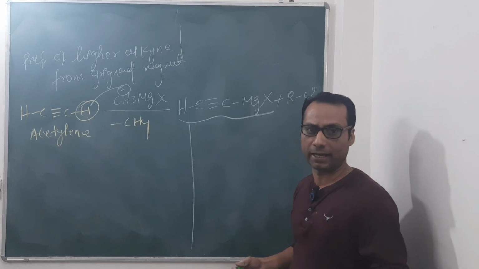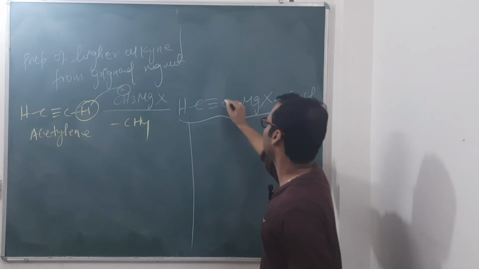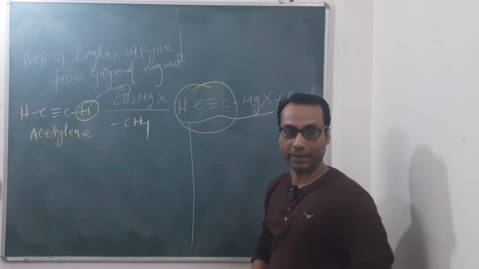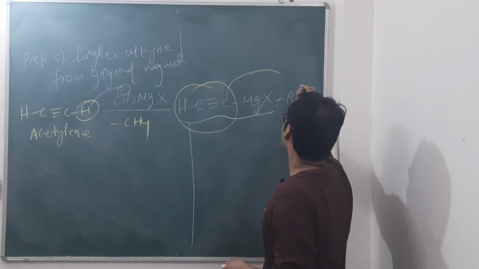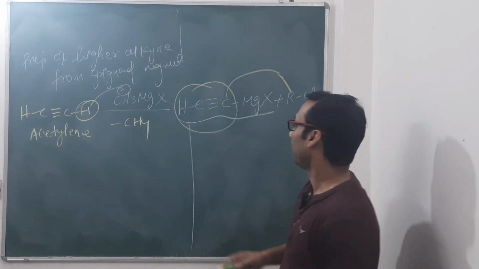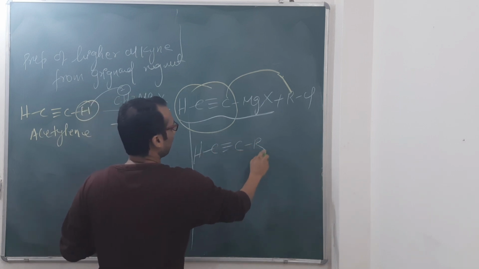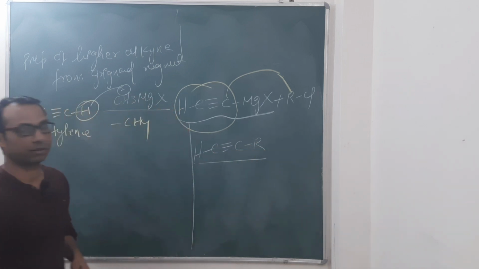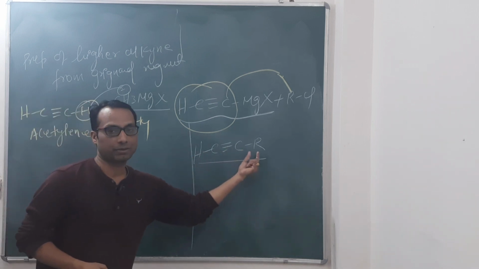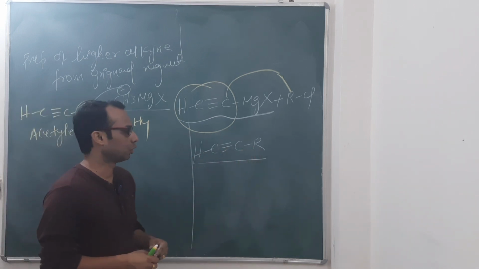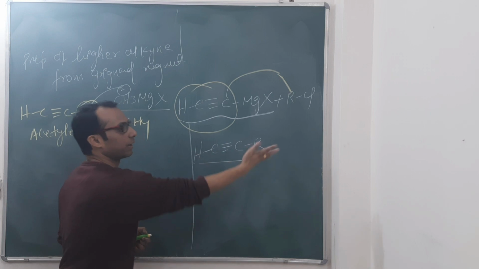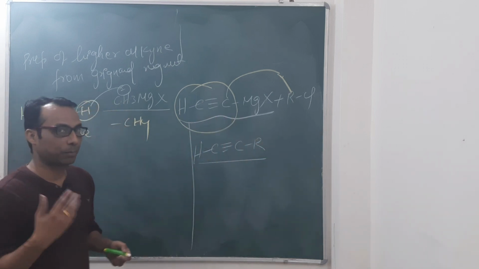R can be methyl, ethyl, propyl, anything. Now this, which acts as a base, will attack the alkyl group, and what happened? HC triple bond C R will form. Correct or not? So whatever carbon chain you take, methyl, ethyl, propyl, that compound will form, a longer chain will form.